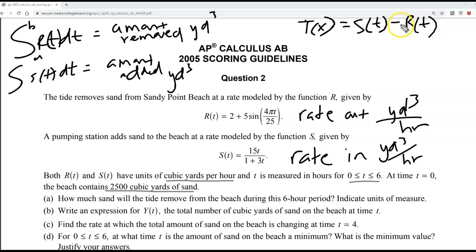It has to be minus rate out because that's how much is leaving. So that's the one that's being subtracted. And this tells you your total rate of change. So we have sand coming into the beach, we have sand leaving the beach, and if you combine those, that tells you how fast the amount of sand on the beach is changing overall.